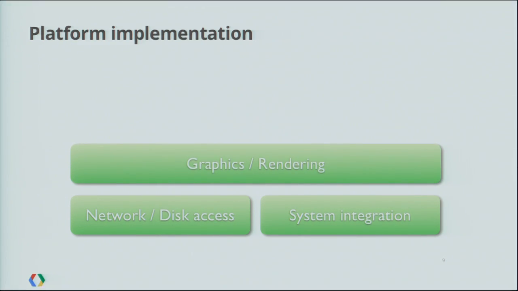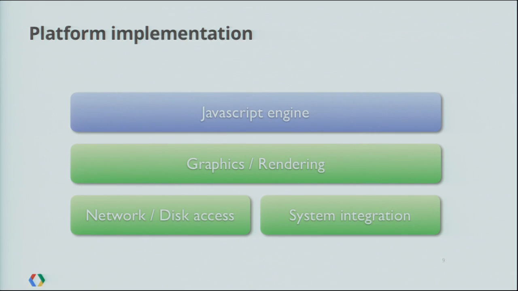And the big part of this talk today is going to be more about the graphics and the rendering, because that's really where you can see a difference between the different WebKit implementations. And finally, you can also possibly replace the default JavaScript engine of WebKit by something else, which is actually what we did. We are using V8, the same engine as Chrome.